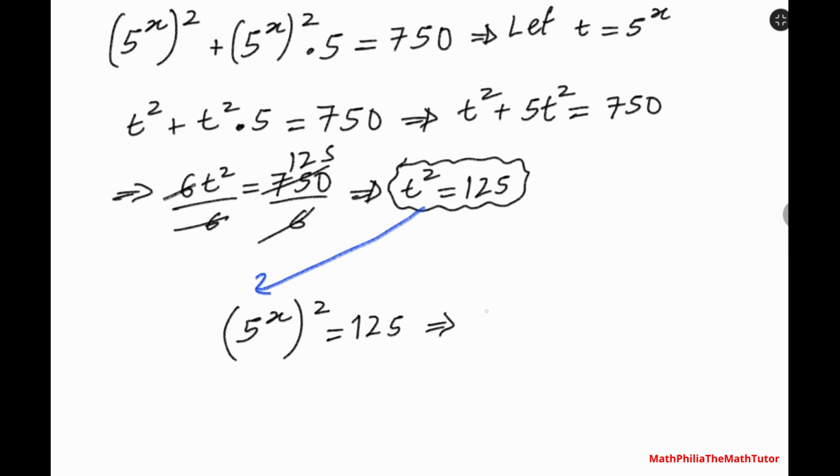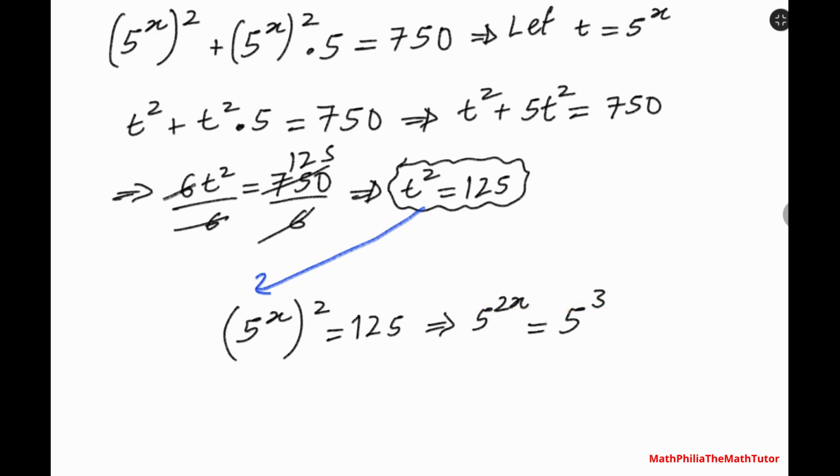Then from here, we are going to have 5 raised to the power of 2x, that is x multiplied by 2 is 2x, and this is equal to, for those of you who don't know, 125 is the same as 5 raised to the power of 3. Again, the bases are the same, so we can equate the powers.